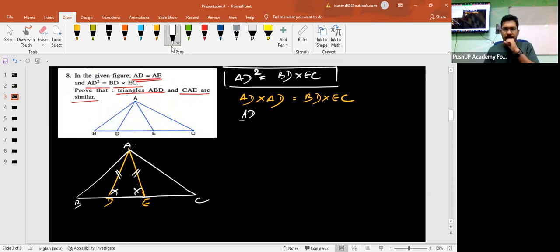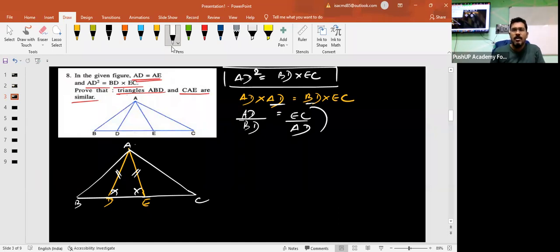Can't I write it as AD upon BD is equal to EC upon AD? I think I can write it this way. What I will do is I'll bring this BD from the right to the left hand side, and I'll bring this AD from the left to the right hand side. Can I do this modification?